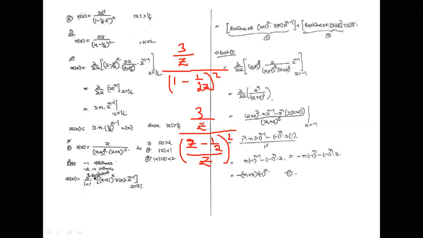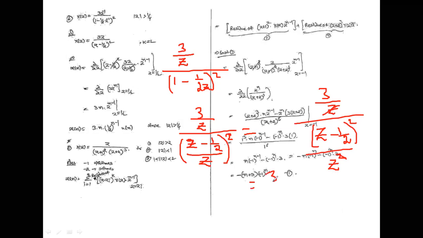Here there is a z in the denominator, and here a z square in the denominator. So 3 by z whole divided by z minus 1 by 2 whole square, and the denominator is also z square. So z and this square will get cancelled. It becomes 3z whole divided by z minus 1 by 2 whole square.